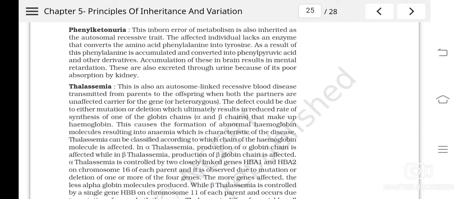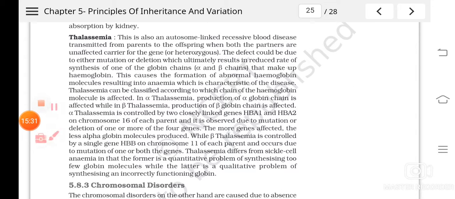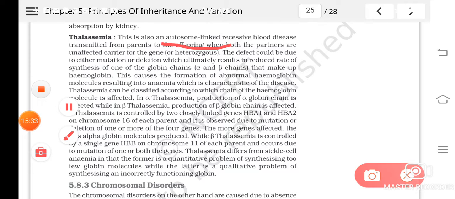So the next disease is thalassemia. This is also an example of an autosomal recessive trait. Here the parents will be unaffected carriers and they will transfer the disease to the progeny. This happens due to mutation or deletion.